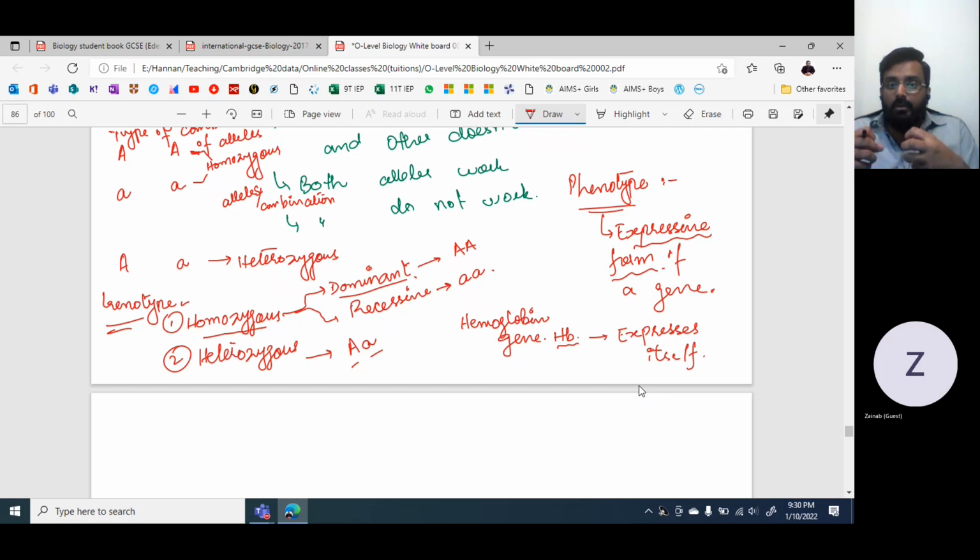If our blood is taking in the oxygen properly, it means we have the sufficient and recommended amount of hemoglobin, and it means the gene is working properly. So we have the genes of a particular character inside our body, but the expression of that gene would be called a phenotype.